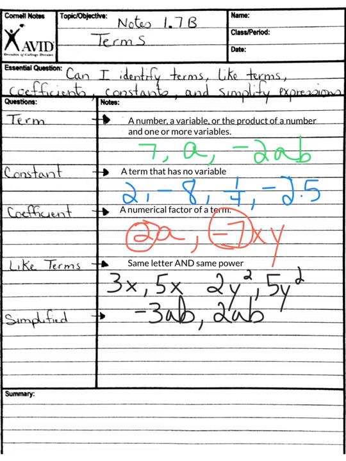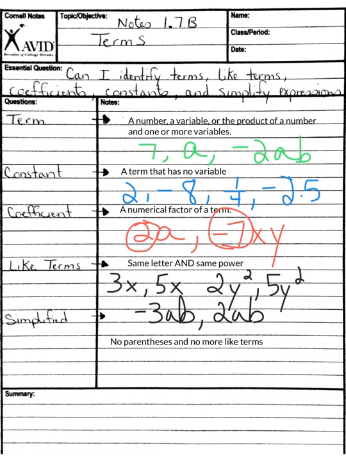So what does it mean to simplify? I look at the very last definition here. To simplify means that you have no parentheses and you have no more like terms. If you have simplified completely, you have no parentheses and no more like terms.